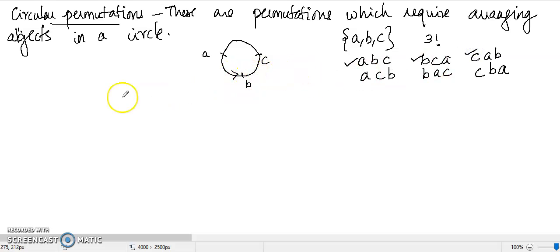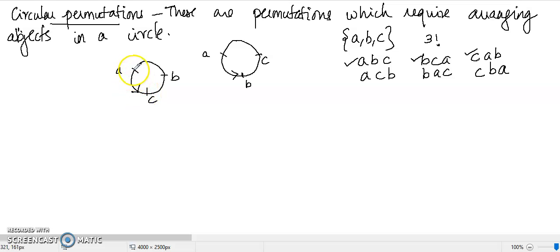And now if I take the arrangement of this form, ACB is different from ABC. ഈ arrangement വ്യത്യാസമുണ്ട്. You have to take in this direction. ഏതെങ്കിലും ഒരു particular direction എപ്പോഴും fix ചെയ്യുക.